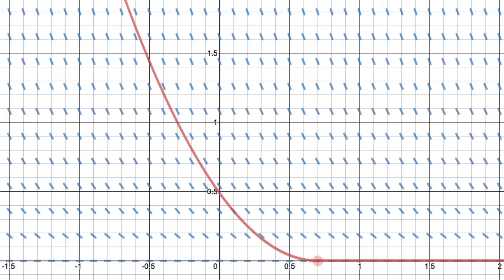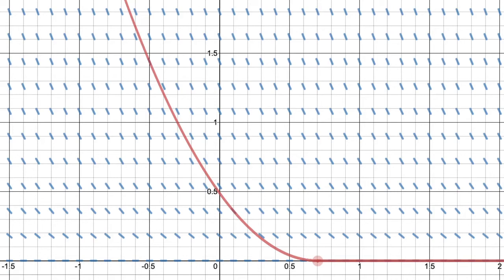To help you see the solution curve better, let me show you the black point sliding down this curve and tracing it out. Note that the solution curve passes through the point (1, 0), (1.5, 0), (2, 0), and any other point on the x-axis that is located to the right of 0.7.